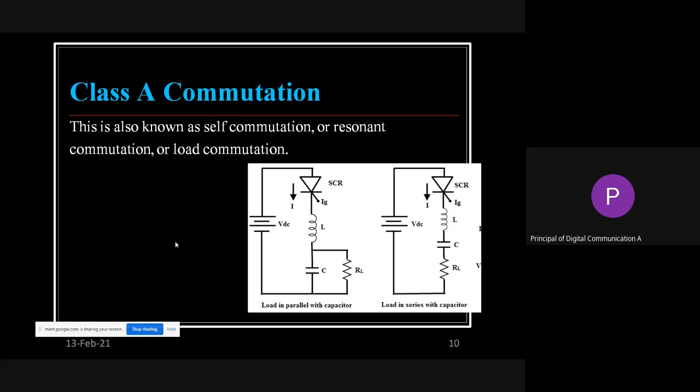Because whenever there is reverse current, it means the current is less than 0, and definitely this reverse current is less than the holding current. Once the level goes below the holding current, this SCR will become off. So this is how the SCR becomes off, as this capacitor is discharged.